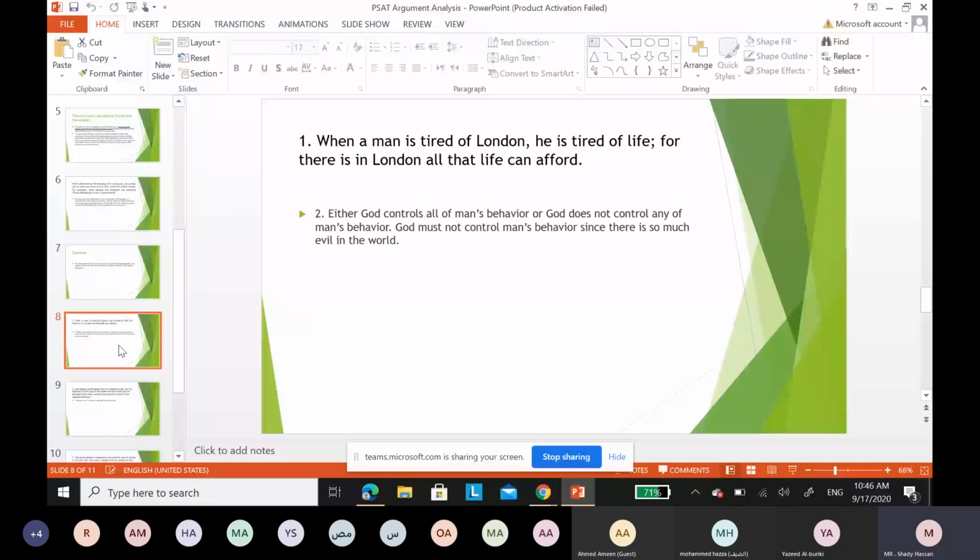We said that we seldom get the conclusion in between or in the middle. So forget about he is tired of life. So we still have when a man is tired of London and for there is in London all that life can afford. Which one of these sentences could be our conclusion?